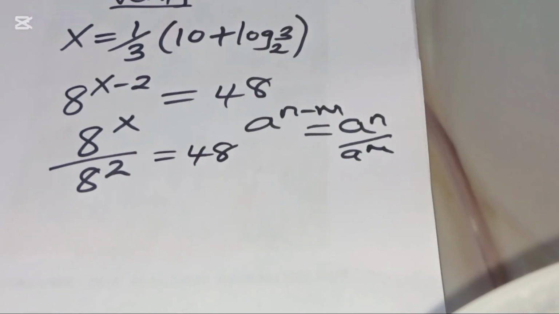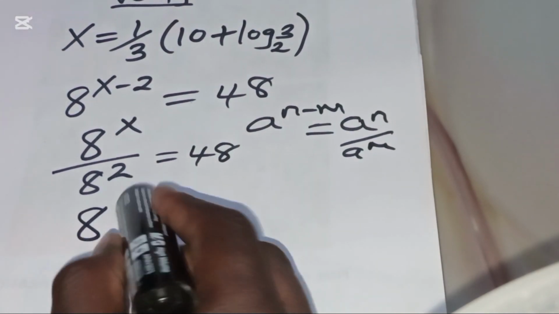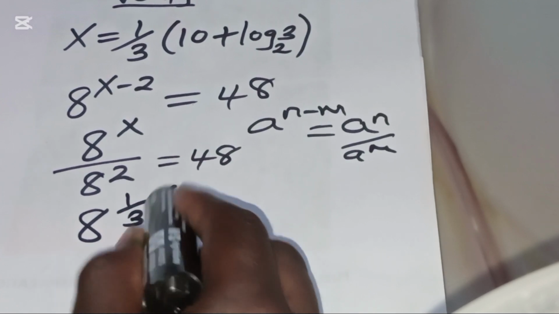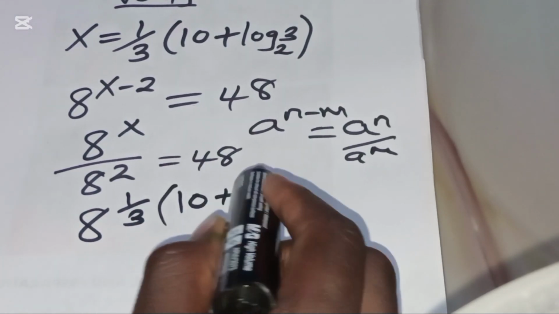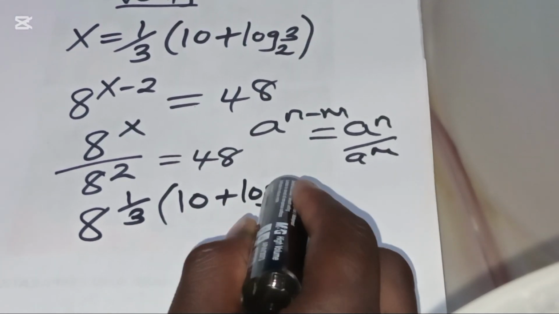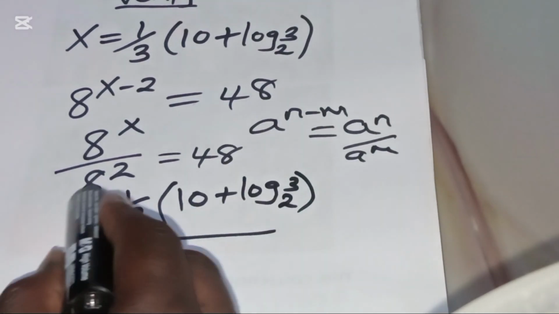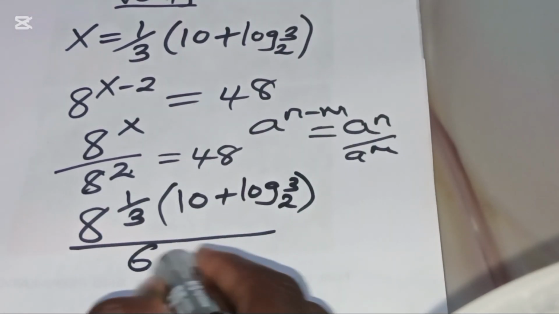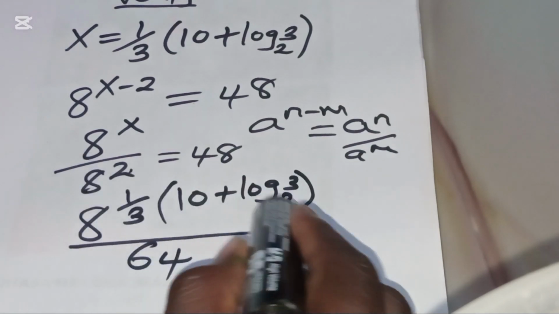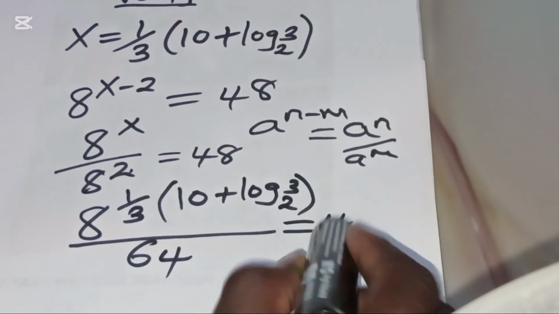Now let's substitute this. Now we'll have 8 to the power x, which is a third into the parentheses 10 plus log 3 to base 2, divided by 8 to the power 2. 8 squared is the same thing as 64. This is supposed to give us a value of 48.